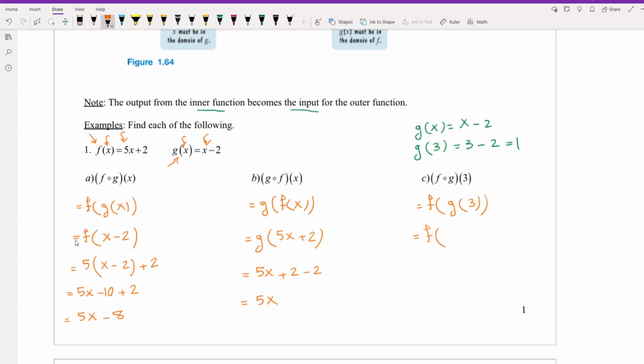So that means here we have f of 3 minus 2, so that is f of 1. Now use this function f of x, and instead of x we have 1. So this is 5 times 1 plus 2. And our answer is 7.